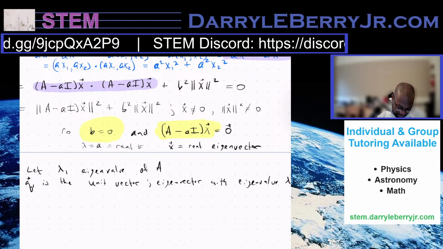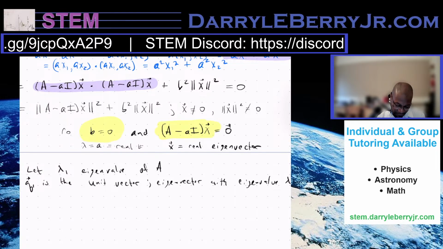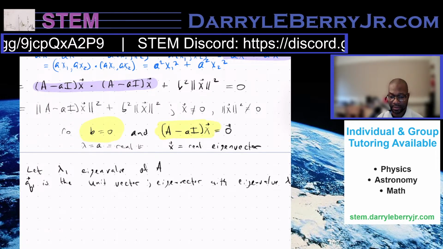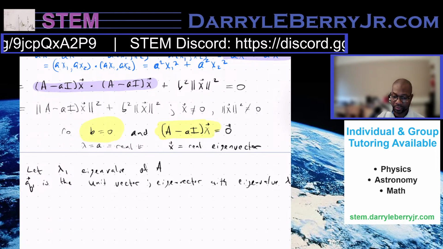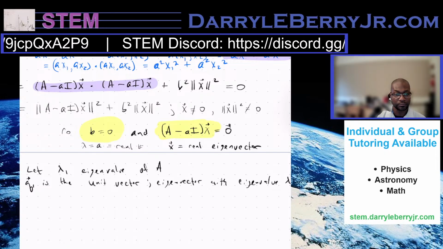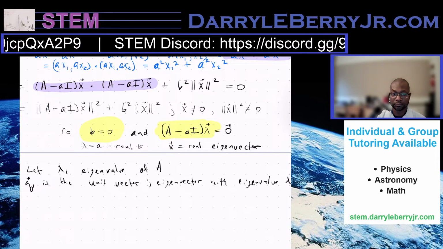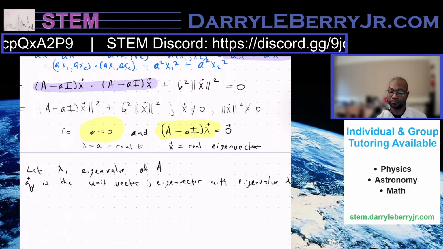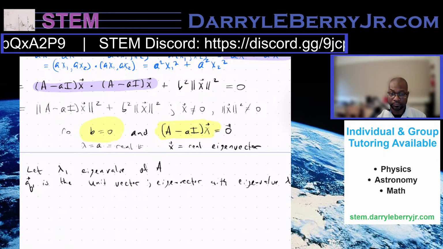So basically all we did was take the eigenvector divided by its magnitude to get the unit vector. Right?